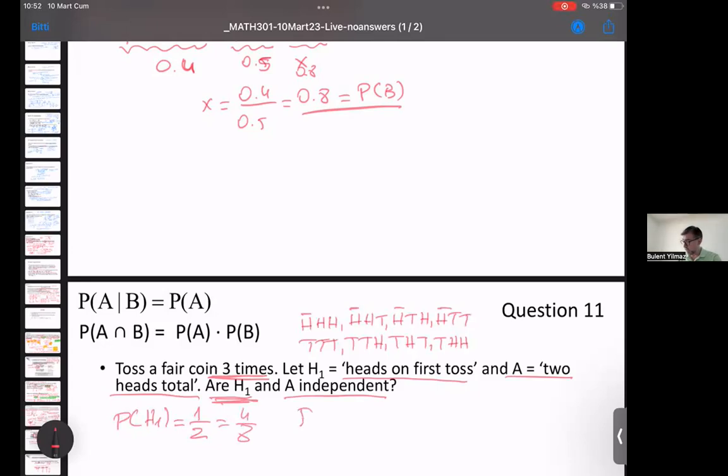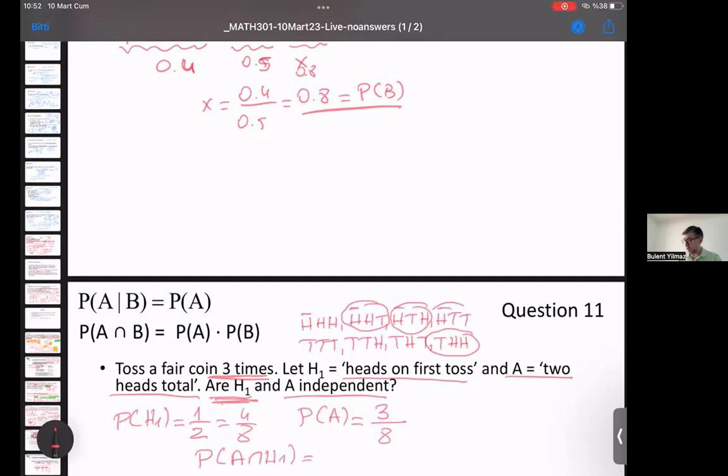What's the probability of A? 2 heads total. There are 3 outcomes with 2 heads out of 8 possible outcomes. And then I'm going to say probability of A intersection H1.